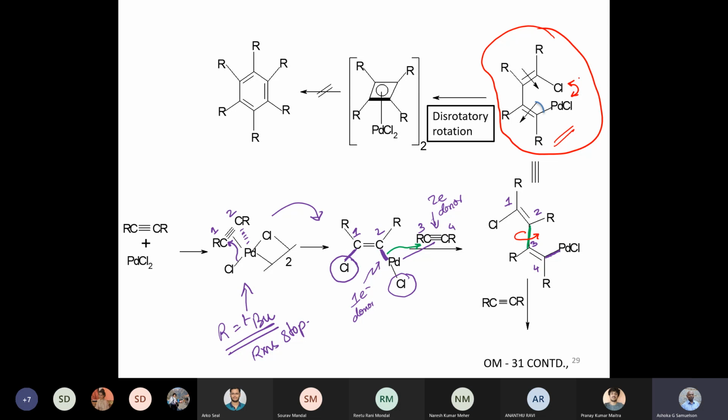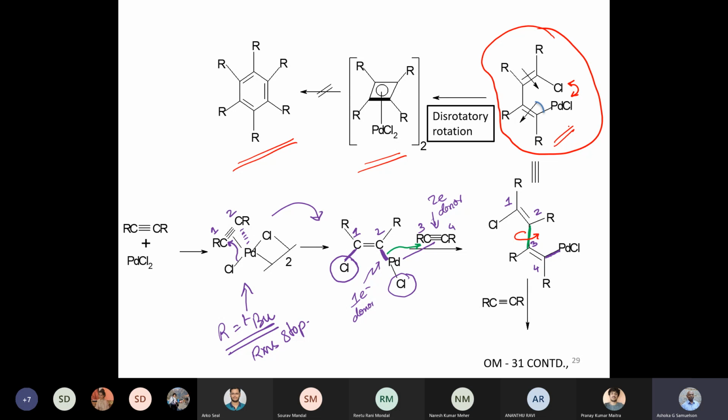And elimination of these two would be facile, leading to the formation of a cyclobutadiene complex. Once the cyclobutadiene palladium chloride complex is formed, it seems to be a stable species. It does not go to the benzene moiety at all. That was shown by Maitlis.